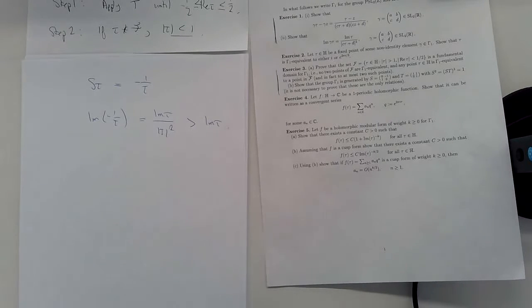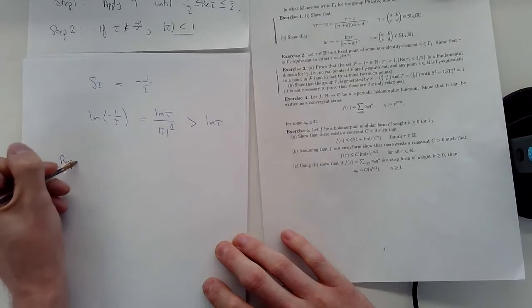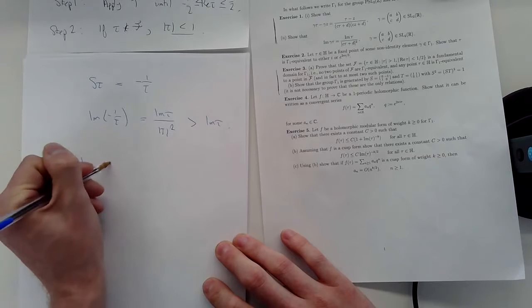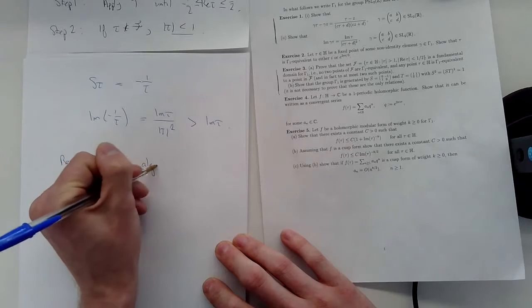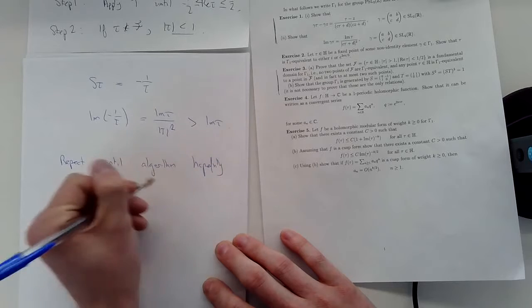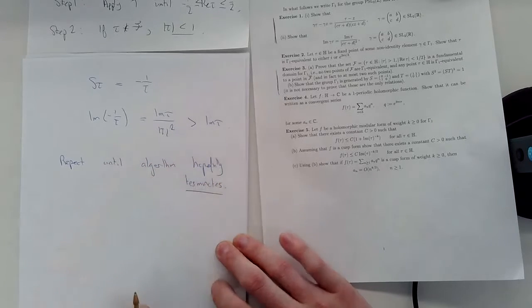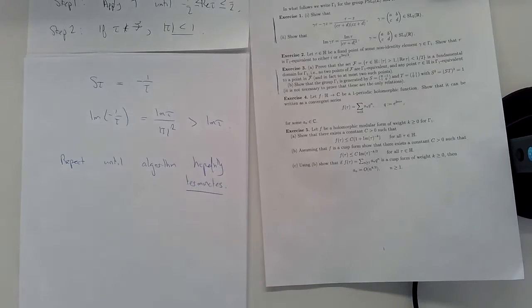So now we have these two steps that can move something into the strip, then flip it to get a bigger imaginary part. We keep repeating those until hopefully the algorithm terminates. And I say hopefully because this is something we do need to check.